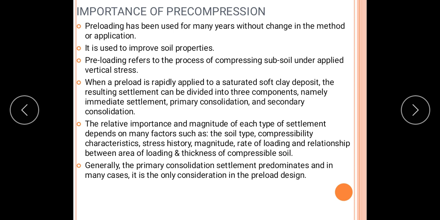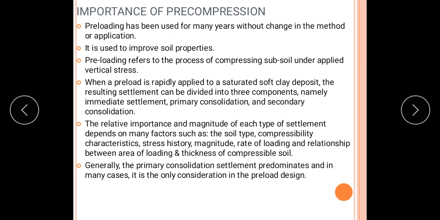When a preload is rapidly applied to a saturated soft clay deposit, the resulting settlement can be divided into three components. As we know, the settlement components can be classified into three categories: primary or immediate settlement, primary consolidation settlement, and secondary consolidation settlement.